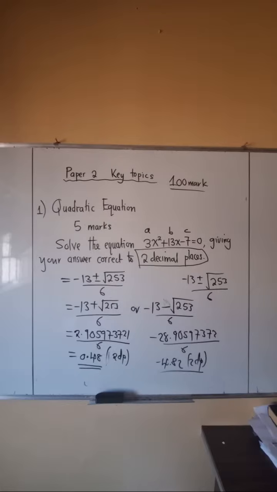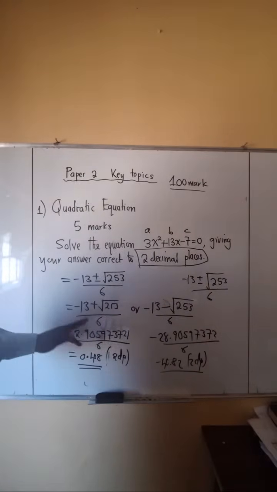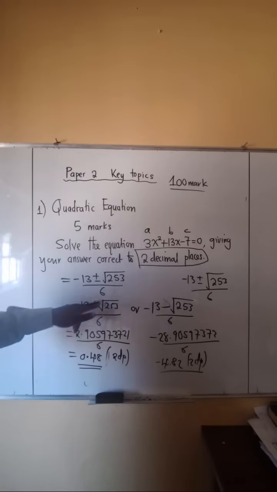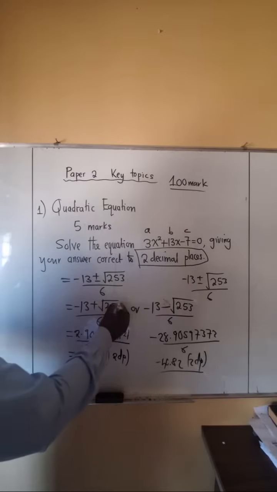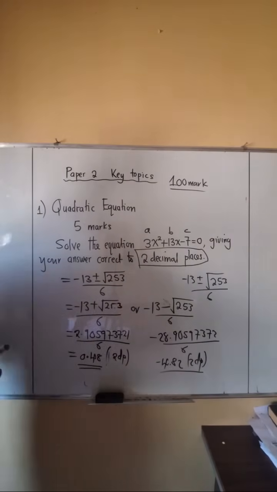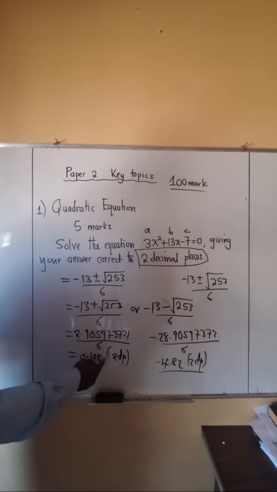Please repeat from the second last. Which one is second last? Second last, is it here? So what I did was, I just punched on my calculator, negative 13 plus square root of 253. Just punch on your calculator. This is what you are getting. So when you get this, divide by 6, you're going to get this, of course.